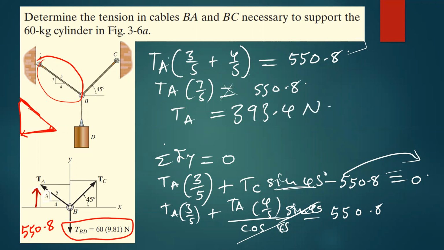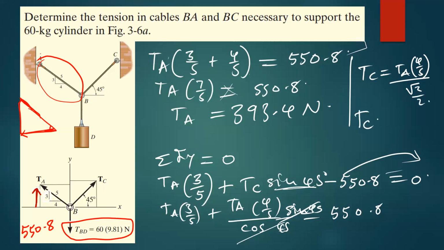Then we find TC. So TC, we simply replace. I've even forgotten how the expression for TC was, but I think it was something like this: 4/5 over cos 45, which is the root of 2 over 2.